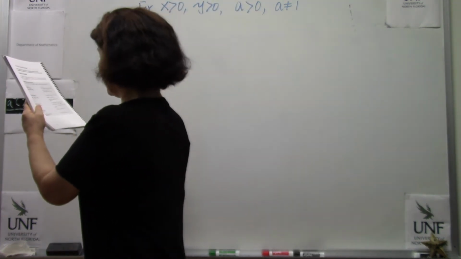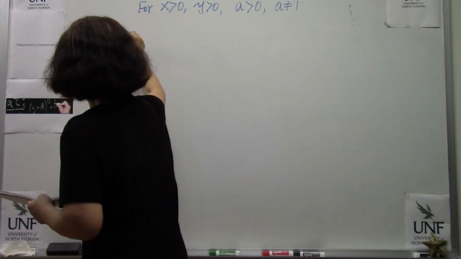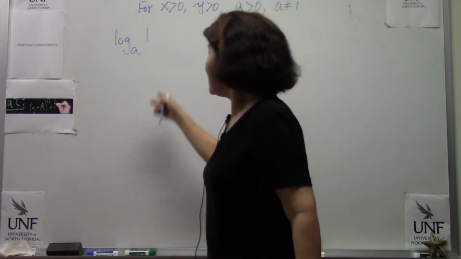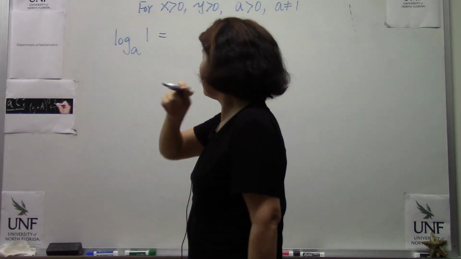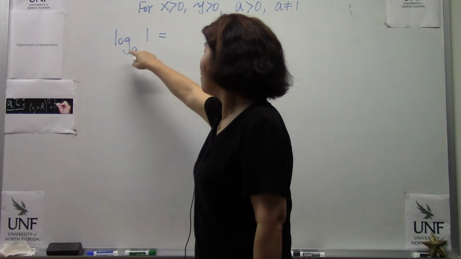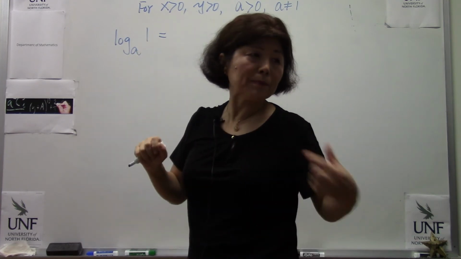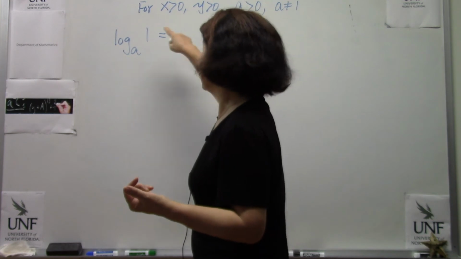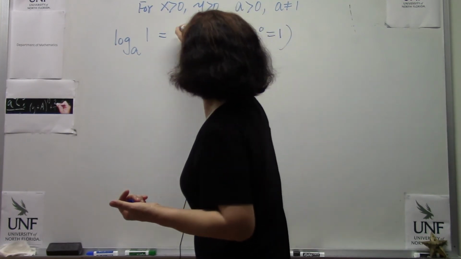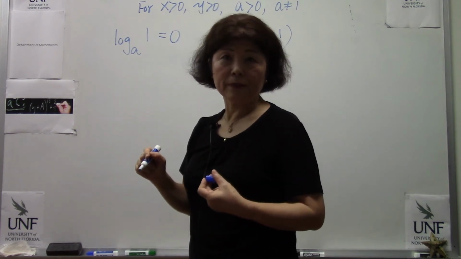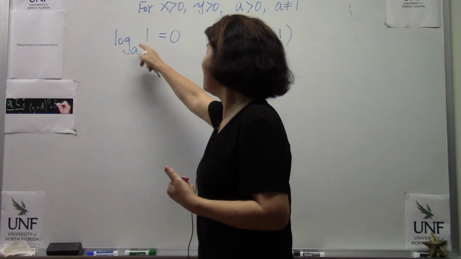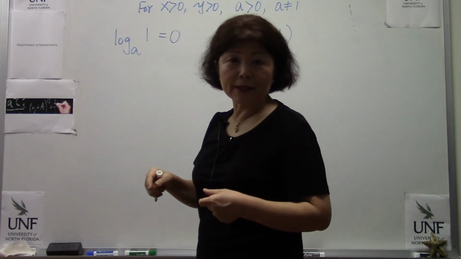Next one is the logarithm of 1. So log of 1 to any base a. What is it asking? Let's go back to the very fundamental definition of logarithm. The definition says, what power of a will make 1? Well, everybody knows that a to the 0 power equals 1, so the answer is 0. So what it says over here is that regardless of base a, if the argument is 1, the answer is 0.